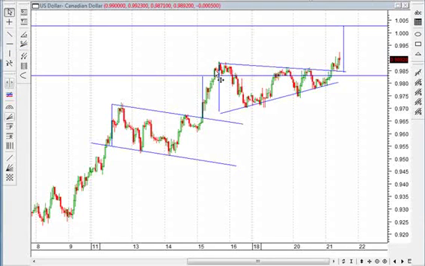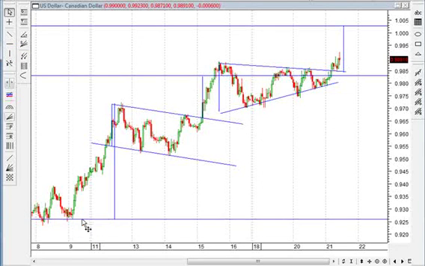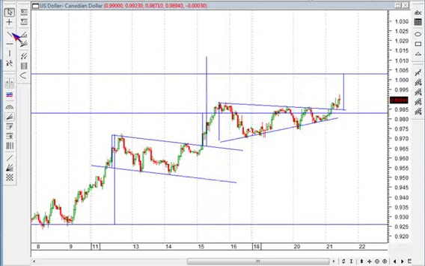It went up a little higher, and if you want to see something else fun, if we base it off of the beginning of the trend, which I would say is right down here, to the top of the flagpole, and we take that projection level, that puts us up here at $1.10.